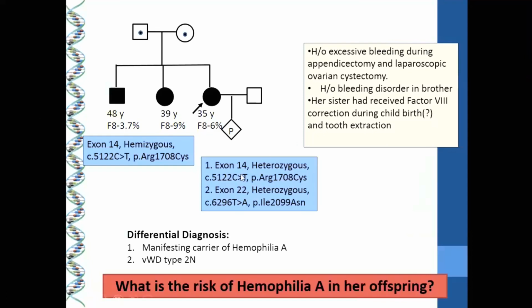See, there are two mutations, an exon 14 mutation and an exon 22 mutation. This exon 14 mutation, the male brother has inherited from the mother, and these two females have also inherited the exon 14 mutation from the mother. But the exon 22 mutation has come from the father.